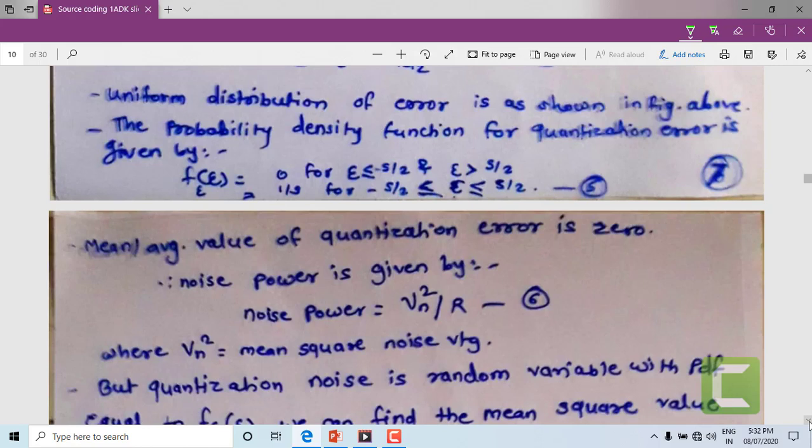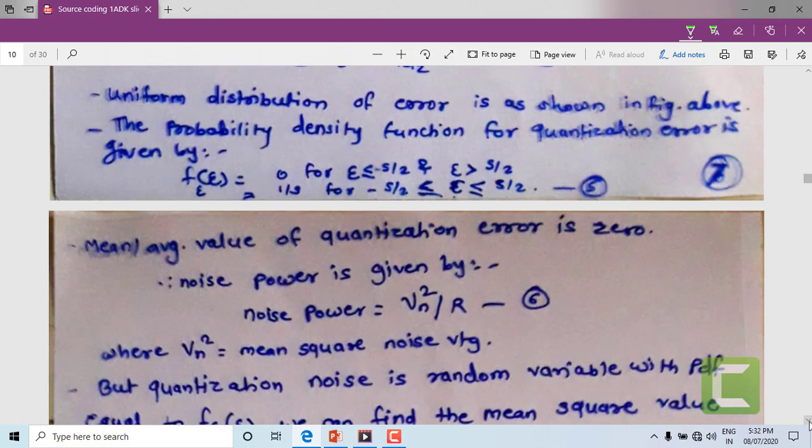As we are saying that this quantization error is uniformly distributed above and below the original level, if we take the average of this quantization error around the original value of the signal, it will definitely become equal to 0.